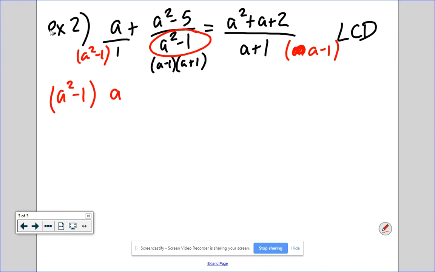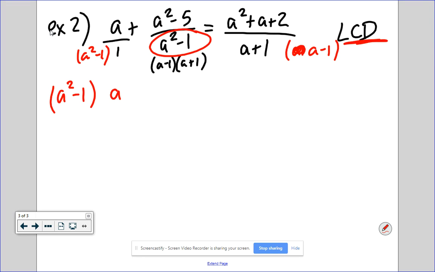Oh, I see. So that would give me the same denominator in all three. But again, I'm trying to cancel that denominator in all of them. So you find the least common denominator, which again is a squared minus 1, and I'm going to multiply the numerator in all three by that. That way I can cancel and not have denominators anywhere, because that's the whole goal here.